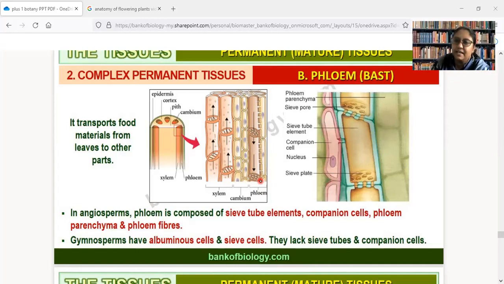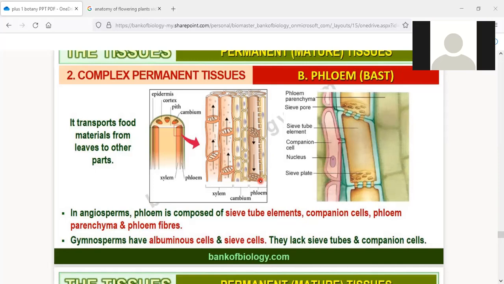So obviously, as they are called companion cells, they are always associated with the sieve tube element. Because sieve tube elements do not have a nucleus, if these companion cells die, the sieve tube element will also die. They cannot function without the companion. Is it all right?